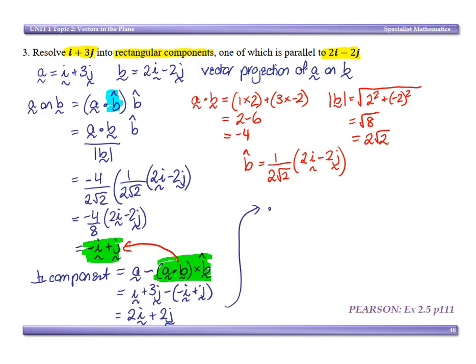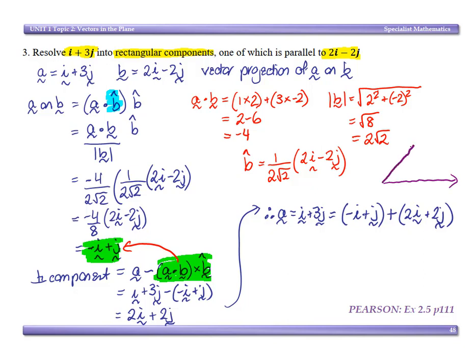So that means I can rewrite my vector A, which equals i plus 3j, as the same as negative i plus j plus my 2i plus 2j. Now if you're struggling with understanding why, go back to that original diagram.